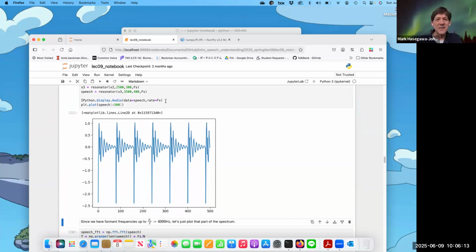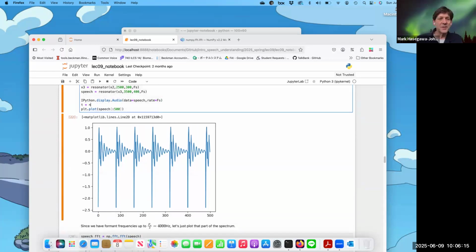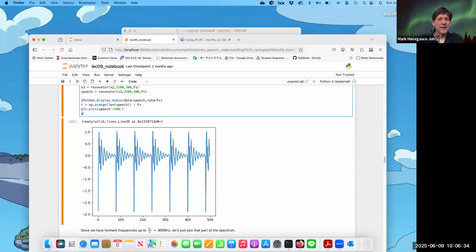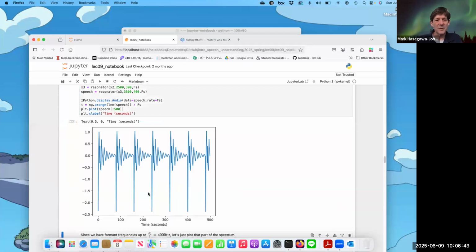I wonder if I can create a t-axis here. t is equal to np.arange of length of speech, and the time should be, let's see, Fs is the number of samples per second, and those are in samples, so I want to divide by Fs because that will give me the time in seconds. And let me create an x label which says time in seconds. Let's see if that works.